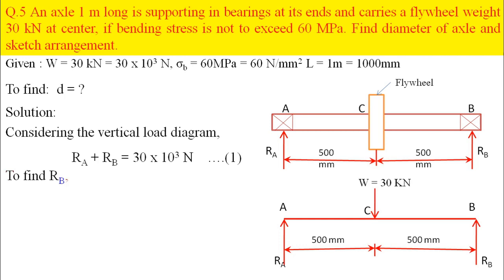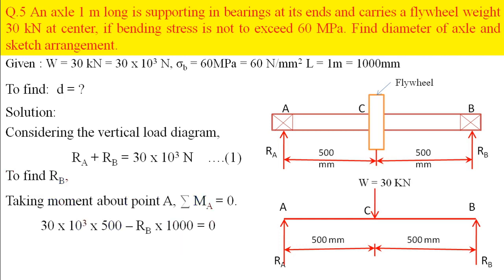Now, to find the RB, we are taking the moment at point A, which is summation of MA is equal to 0.